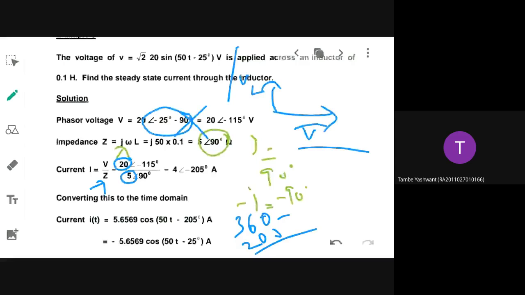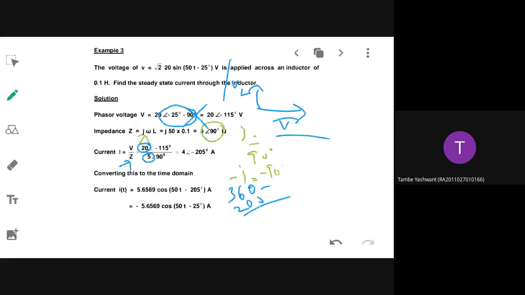This is VL and this is V, but it will not be like that. Anyway, I'll check and tell why they have added that minus 90 degrees. It should not be the case usually. I will check it and tell you next class. I have some doubts in this problem, so then we will solve the problem.